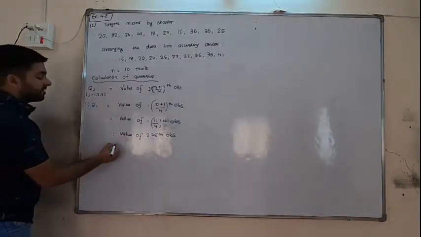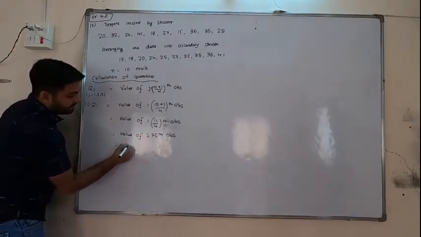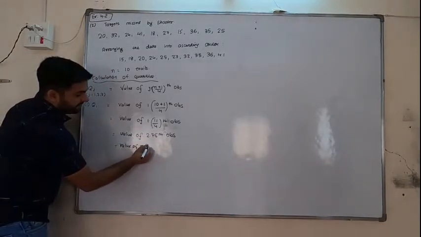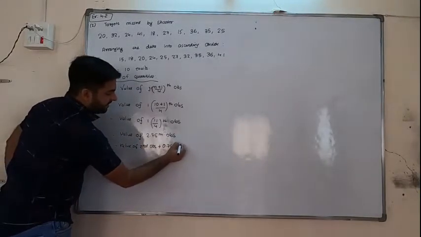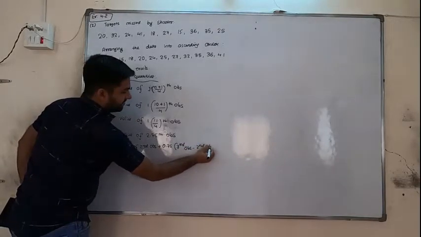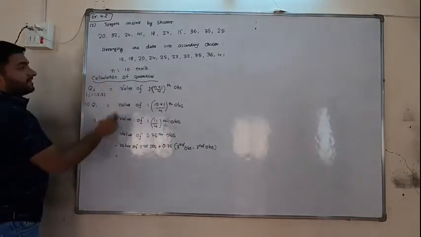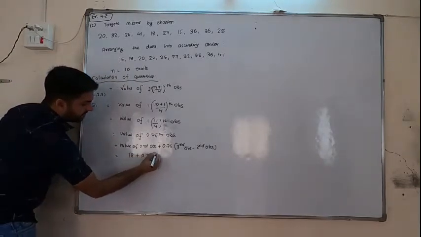So this is the method. If you are not aware of the previous chapter, then nothing will happen. So value of second observation plus 0.75 in bracket third observation minus second observation. Value of second observation is 18 plus 0.75.